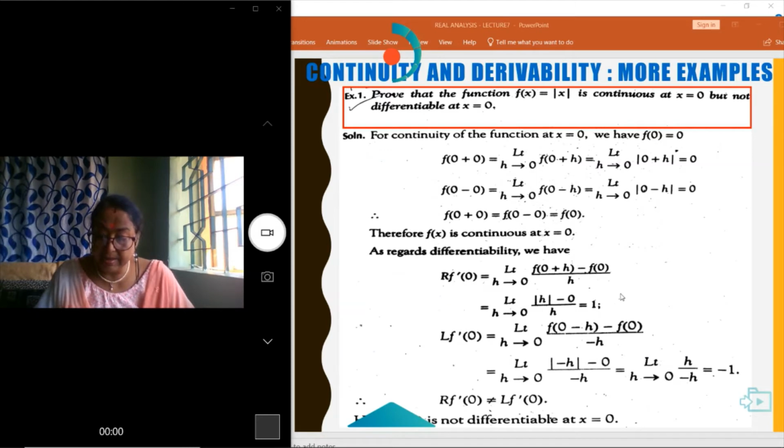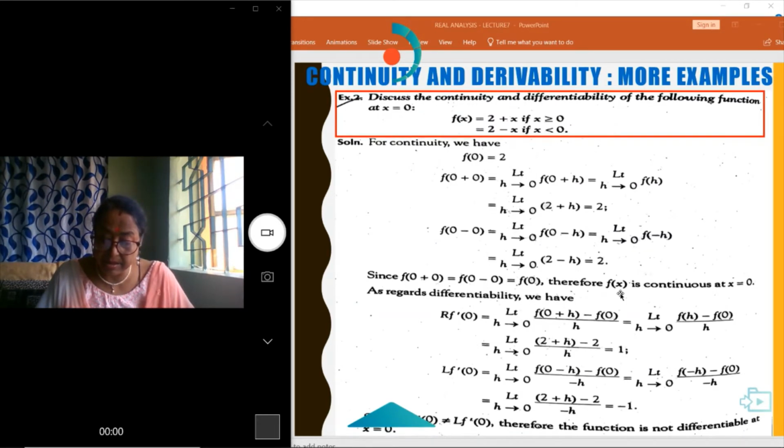Here, take another example. Discuss the continuity and differentiability of the following function at x = 0. f(x) is equal to 2 + x if x is greater than or equal to 0, and 2 - x if x is less than or equal to 0. So for continuity, we find f(0) is equal to 2.